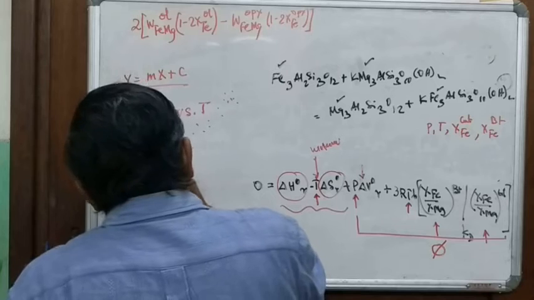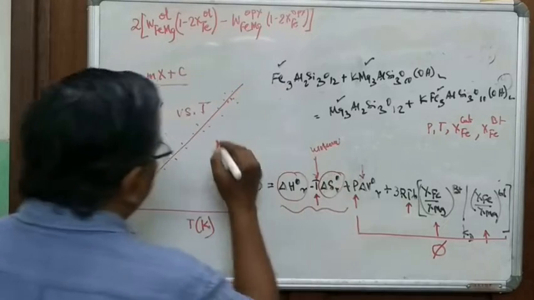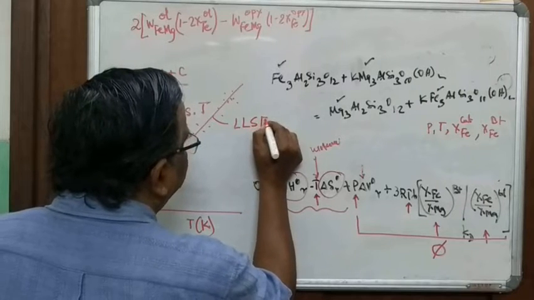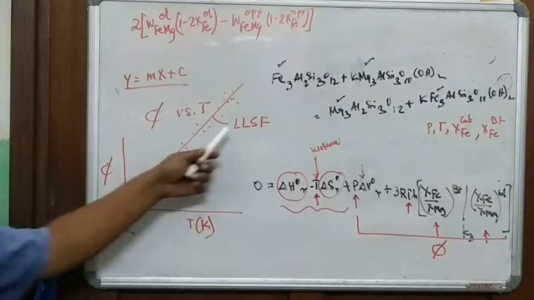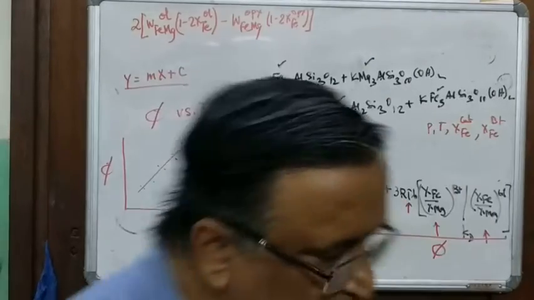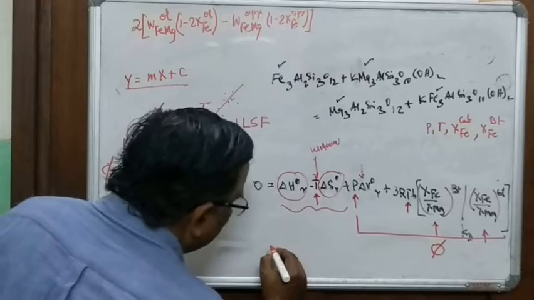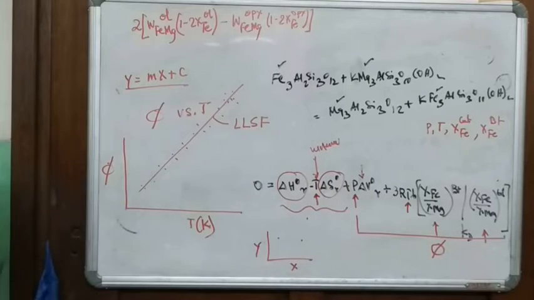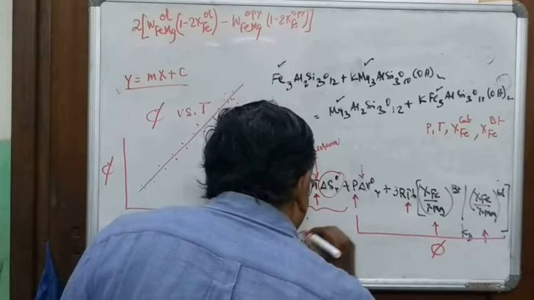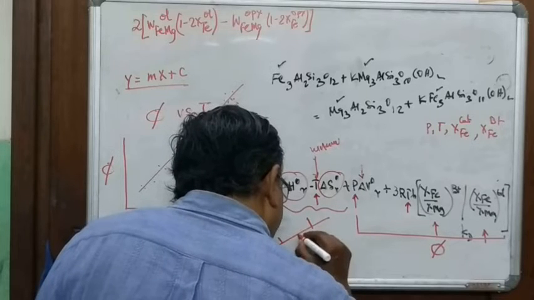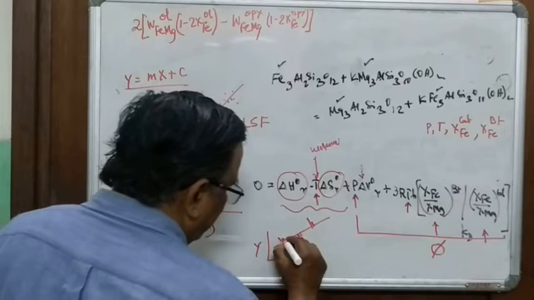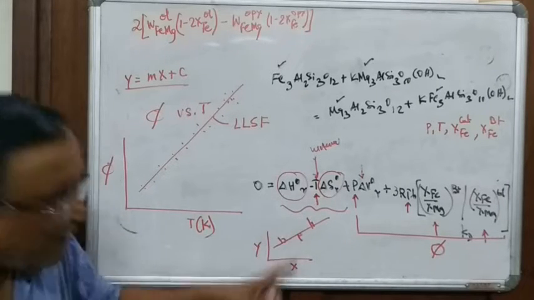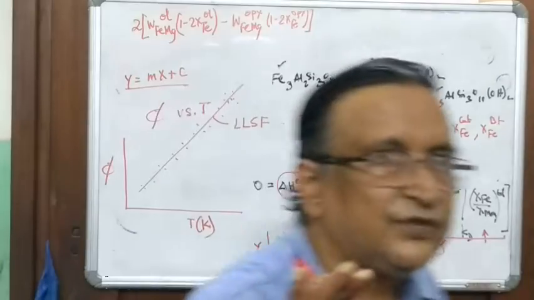Now, if you draw a line through this, it is called a linear least square fit. What does it mean? Say for example, there is an x and a y and there are 3 points. You draw a straight line such that the square of the perpendicular distances is the smallest.